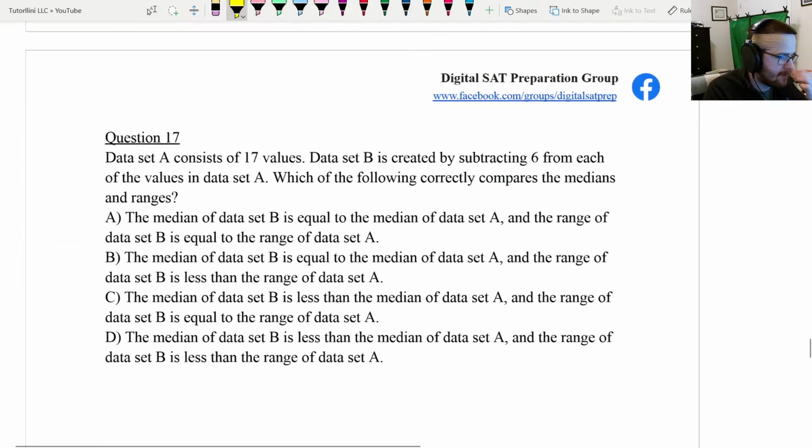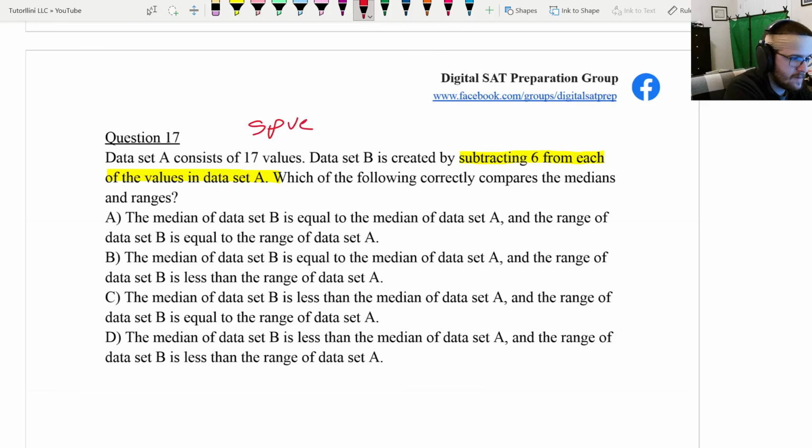Okay, so this is a modifying statistics question. We're going to subtract 6 from each of the values. Adding or subtracting, the spread stays the same. And the center, because we're subtracting, is getting shifted to the left.